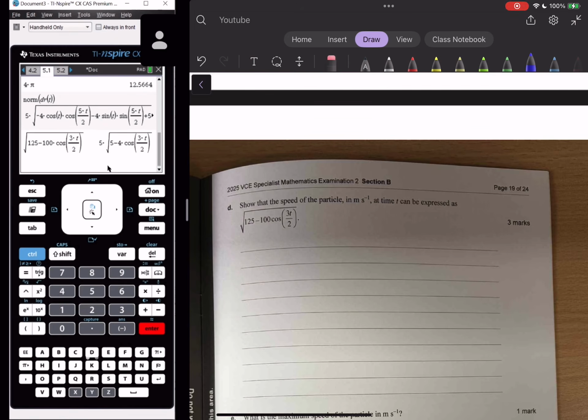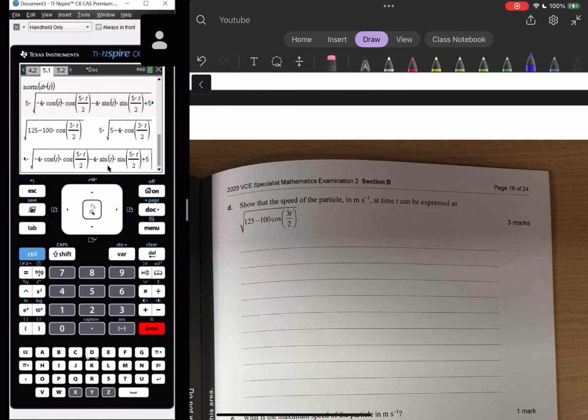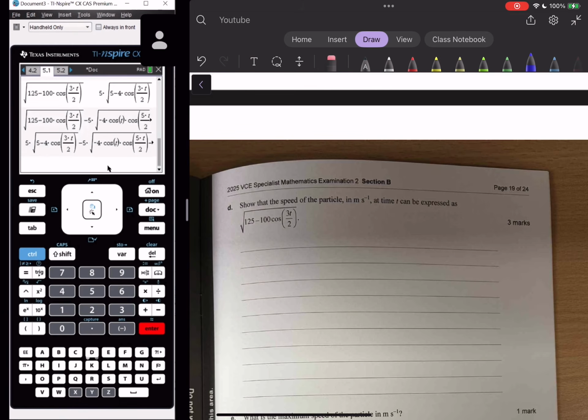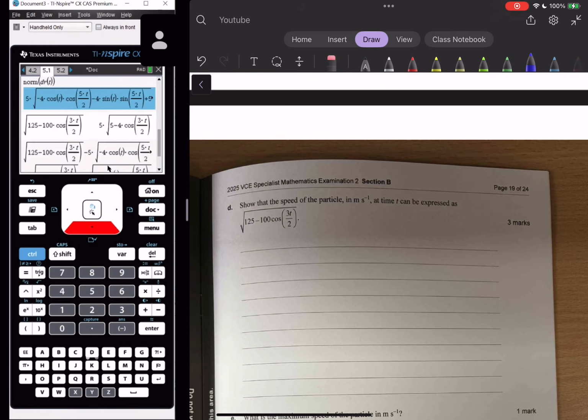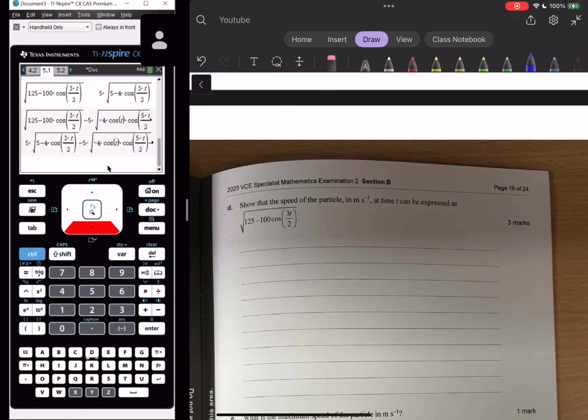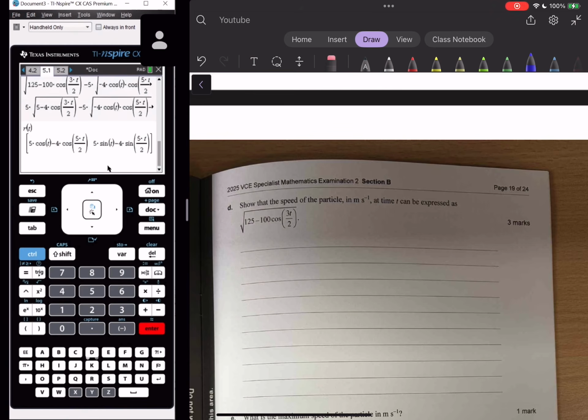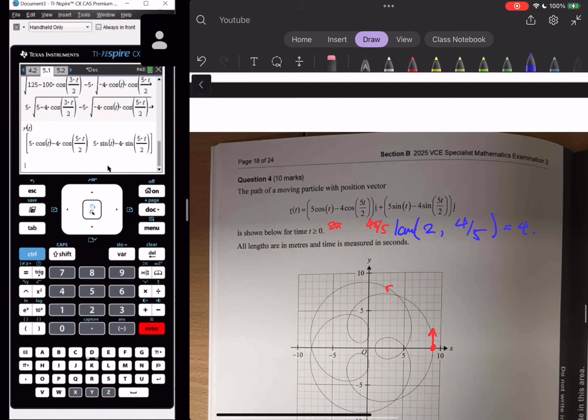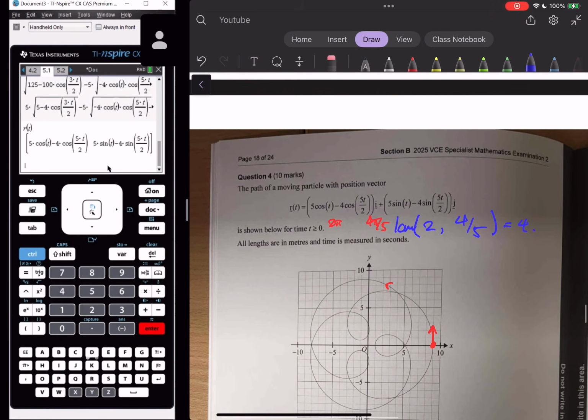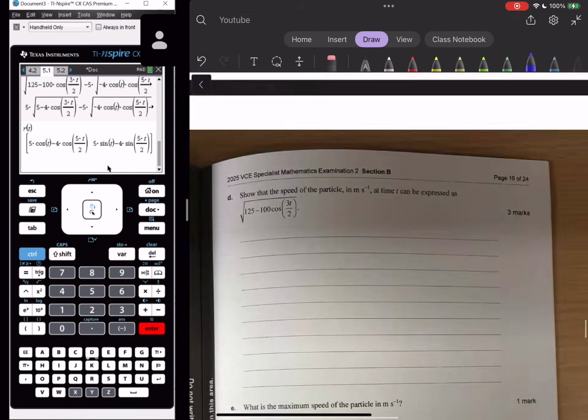And if I do this minus this, I'm not getting 0. So let me see, did I even copy down my r of t correctly? So it's 5 cosine t minus 4 cosine, and then 5 sine t minus 4 sine. So maybe the CAS can't simplify this.